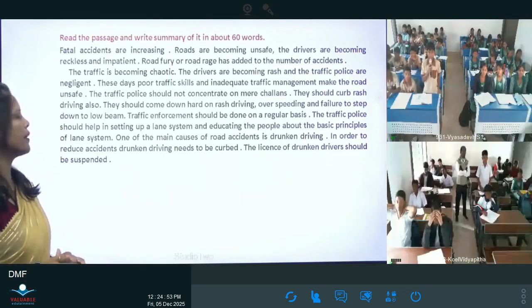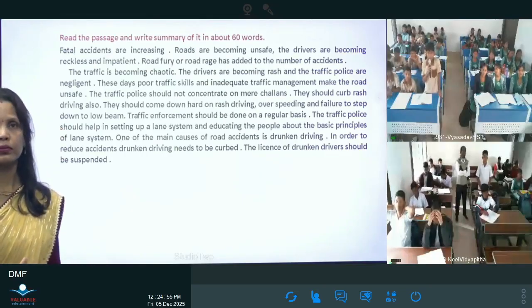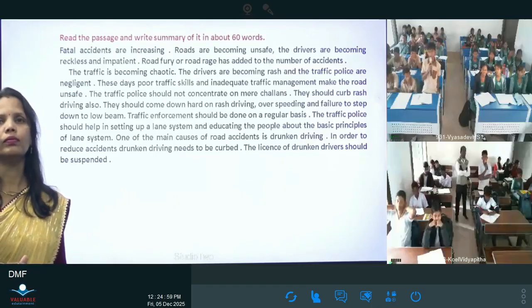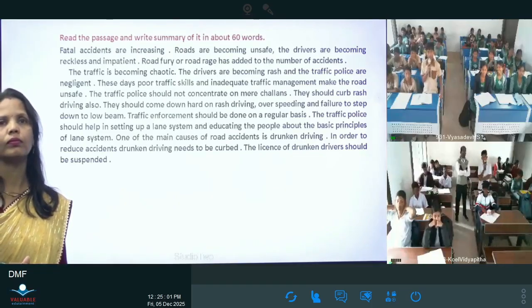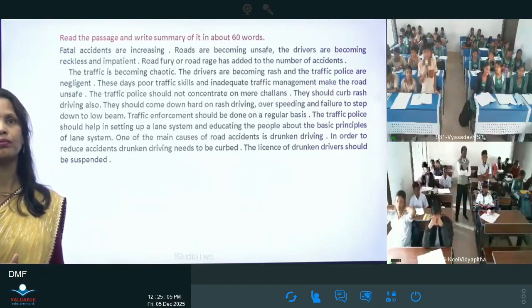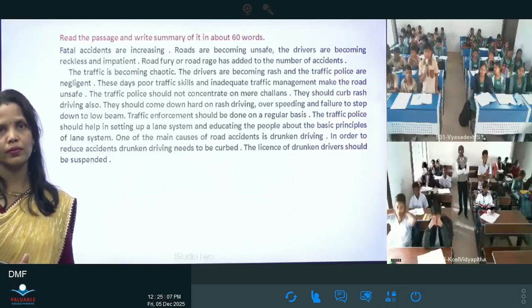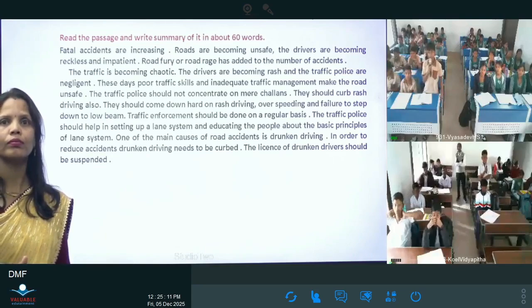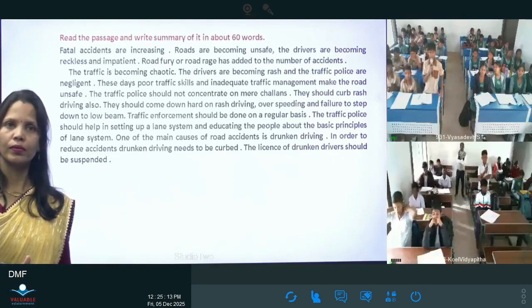The traffic is becoming chaotic. The drivers are becoming rash and the traffic police are neglected. These days, poor traffic skills and inadequate traffic management make the road driving unsafe.